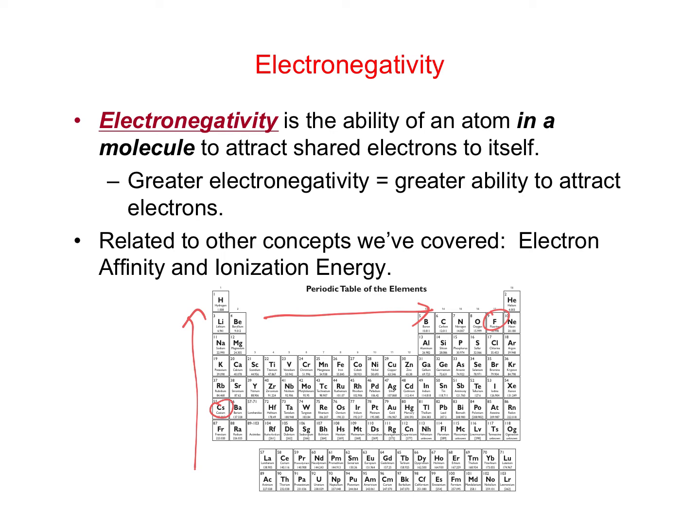They're not particularly clamoring for more electrons. The trend in electronegativity is the same. So electronegativity also increases as we go up and to the right in the periodic table. And so fluorine is the element with the highest electronegativity, and then cesium is one of the elements with the lowest electronegativity.